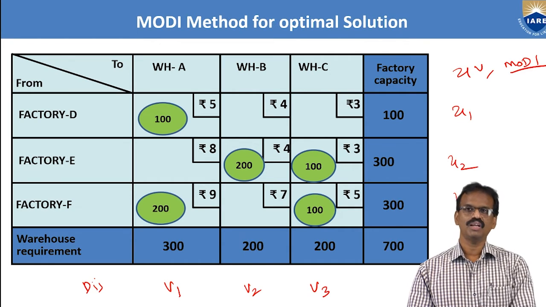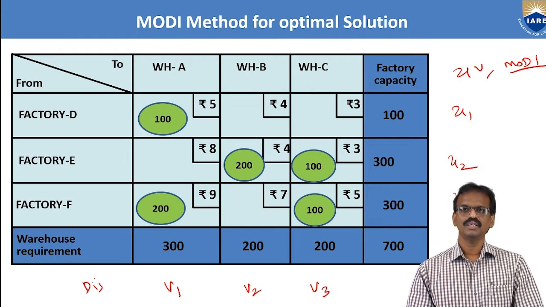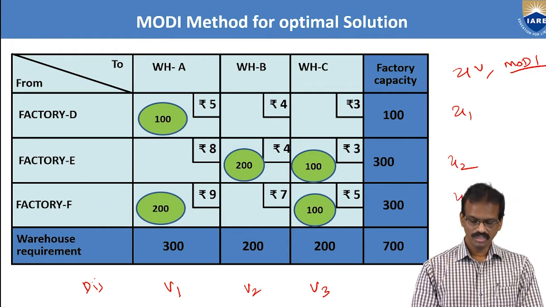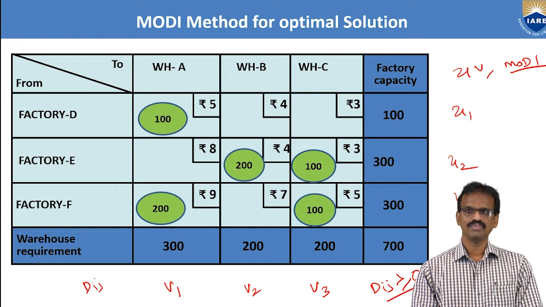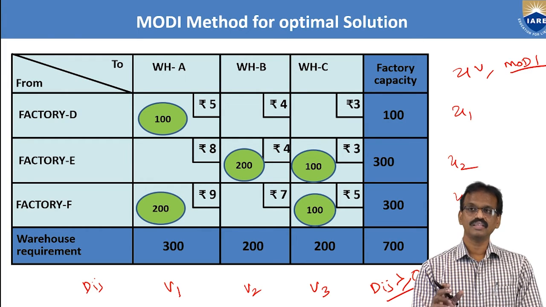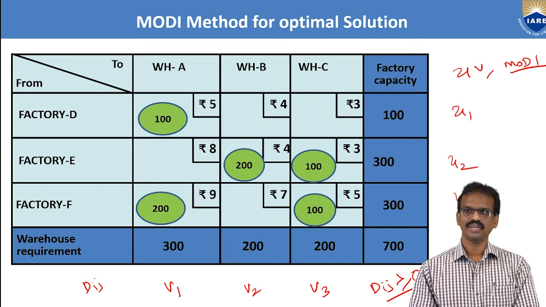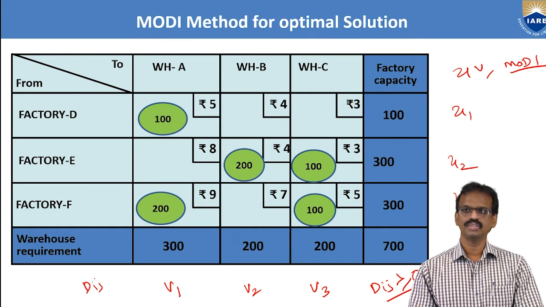Using these UV values, you find the Dij values for the unallocated cells. These distribution values Dij should be greater than or equal to 0. If you get all the values either 0 or positive, then the solution is optimized. Before that, you have to find the U1, U2 and U3 values.